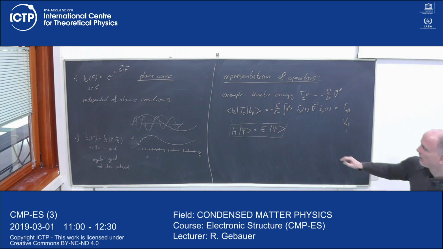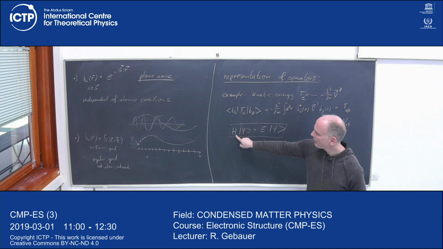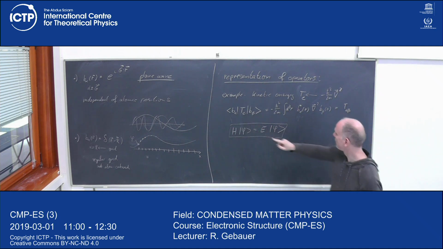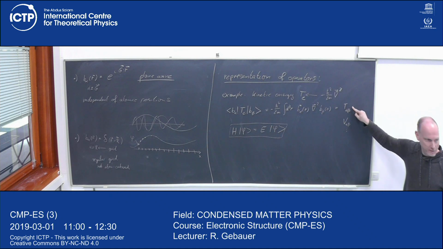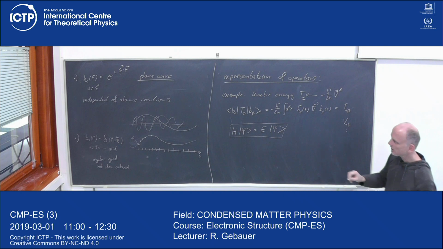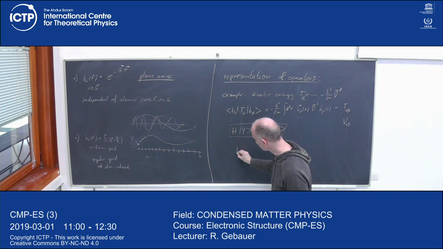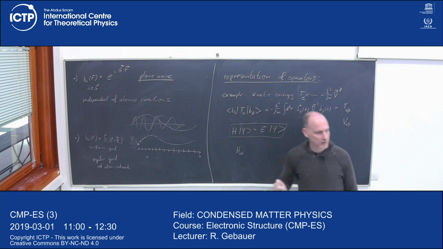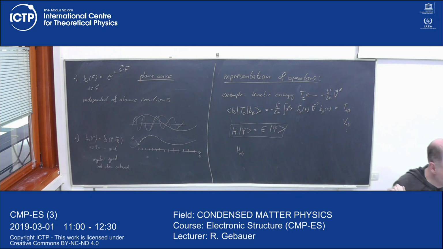Okay. So, if you take all elements which are in the Hamiltonian, like kinetic energy and so on, you have one matrix for the kinetic energy. And what is the dimension of the matrix? There are as many alphas as you have basis functions. So you have an n basis functions times n basis functions matrix for this operator, for that, and so on. You sum all these matrices, and you have your Hamiltonian in the basis of the chosen basis functions.